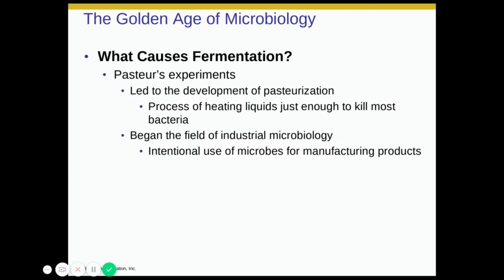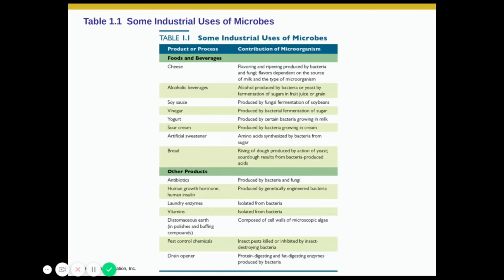Now, he also came up with the pasteurization process, obviously. We call it Pasteur, pasteurization, and it's a process of just heating up liquids to kill most of the bacteria that may cause disease or spoilage, so that these things last longer. So very important when it comes to industry and actually keeping our food supply safe.